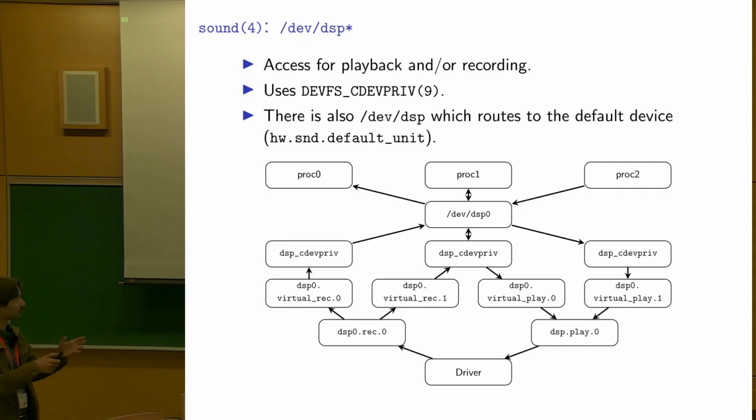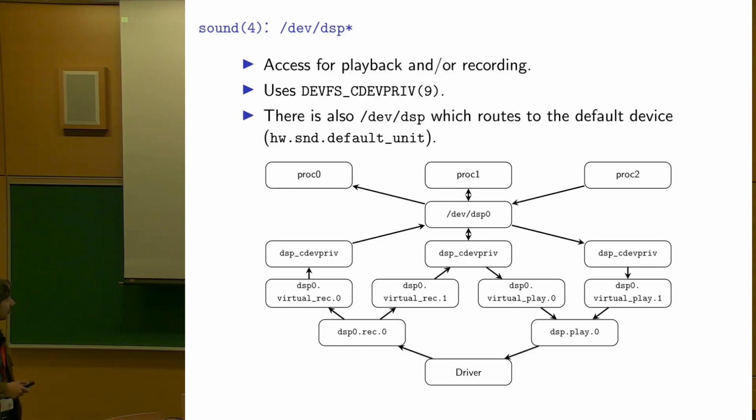When you have multiple processes accessing one device, you need to know which sample goes to which process. You cannot just dump all the sound to one process, or you need to somehow separate processes and work in a more organized way.